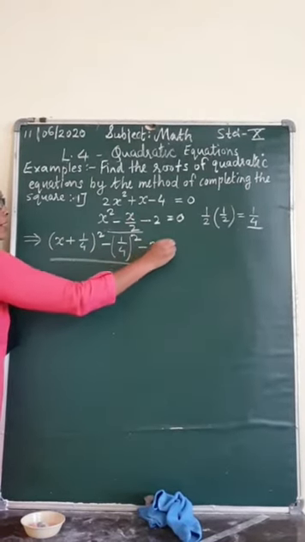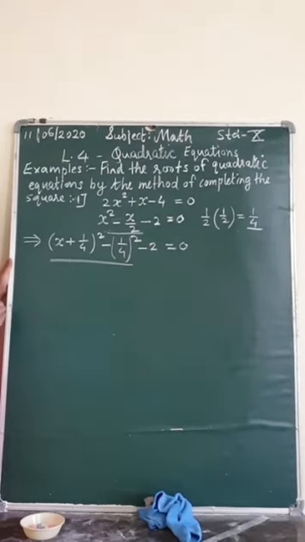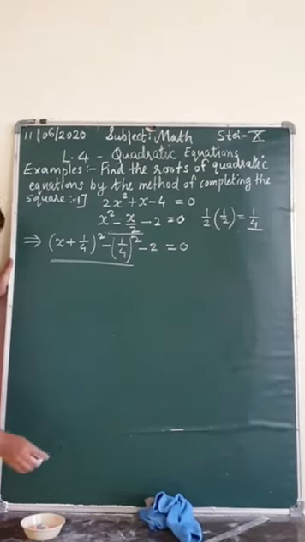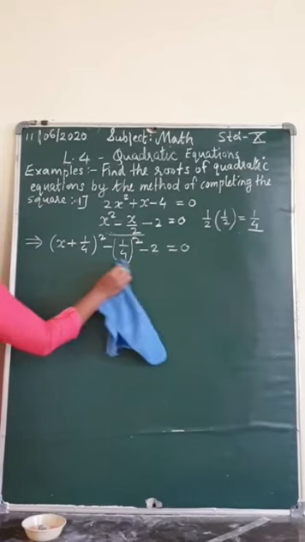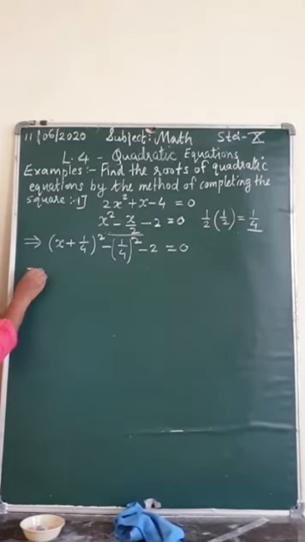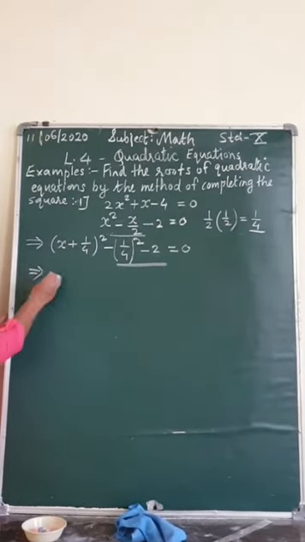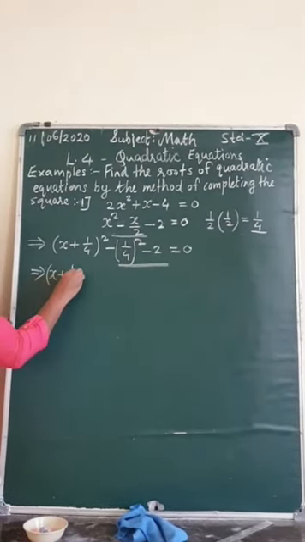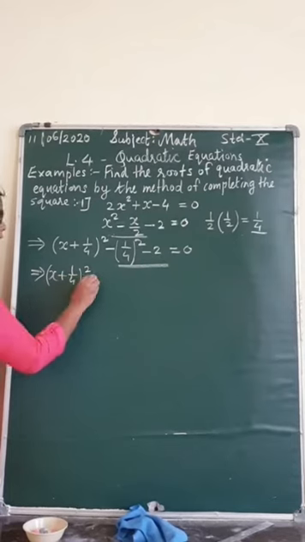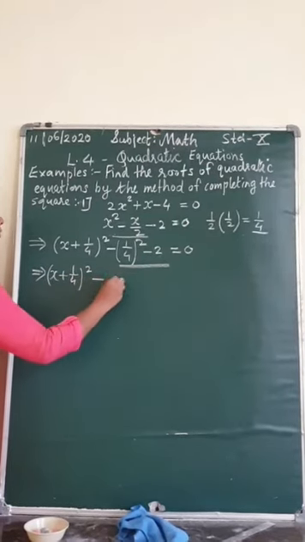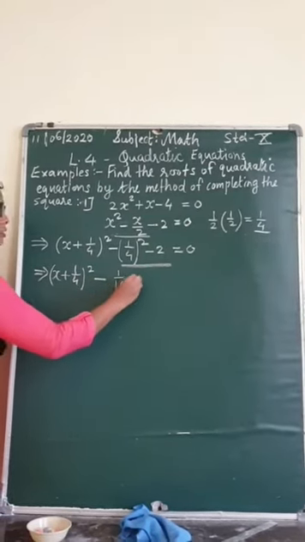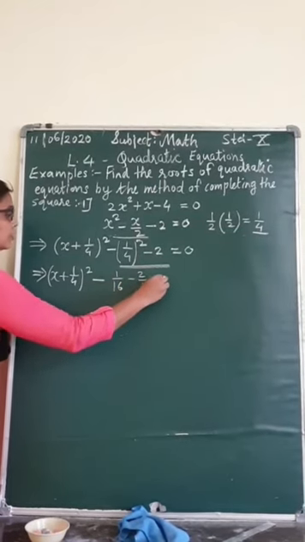We have to write that minus 2 as it is. So now this is a complete square, but now we are solving this. So here we are writing this as it is, minus 1 upon 16 minus 2 upon 1.